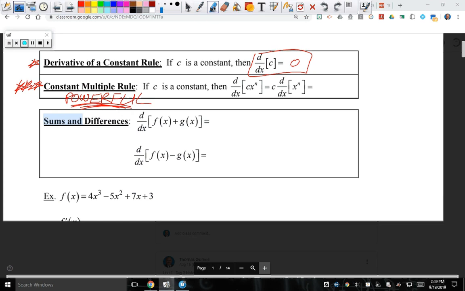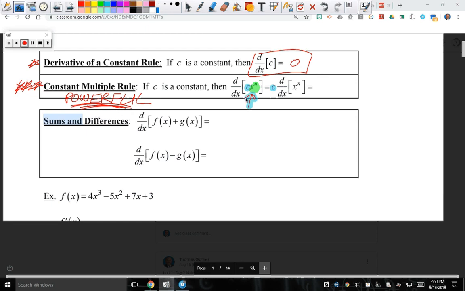So here we go. It's a constant times a function. Okay. So looking at that, if you're multiplying with a constant, you can bring it out. So imagine I just pulled this c, it could be 2, 38, whatever it is, it's a number, and I moved it all the way next to the door, way over here. And all I'm going to do now is derive x to the power of n.